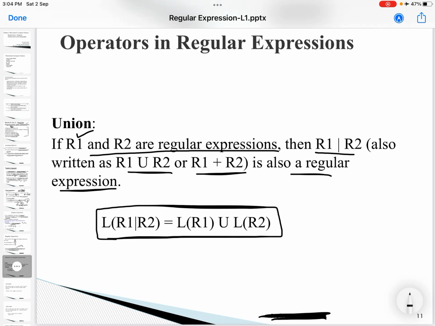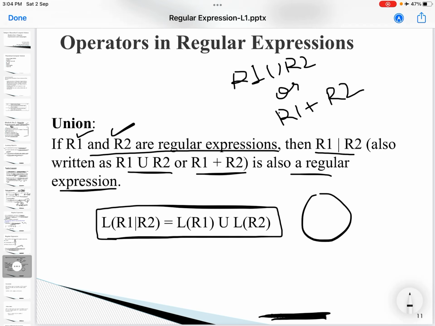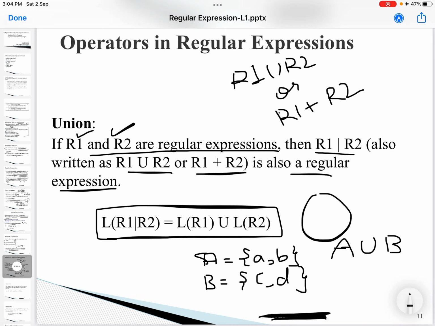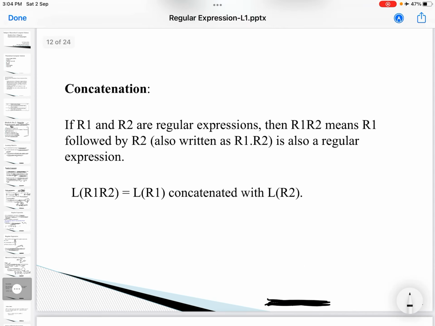When we say union, suppose set A contains elements a, b and set B contains elements c and d. If I say find the union of A and B, then A union B will be all the elements of A and all the elements of B. That is union.